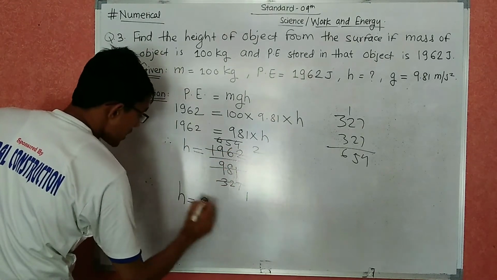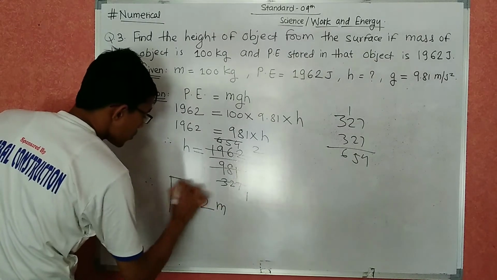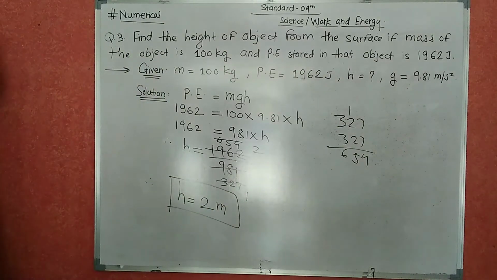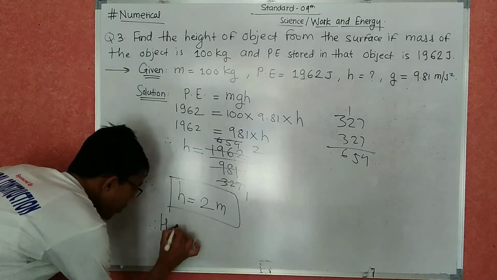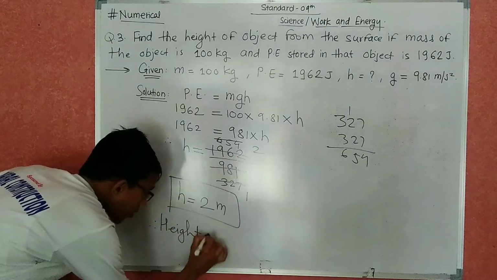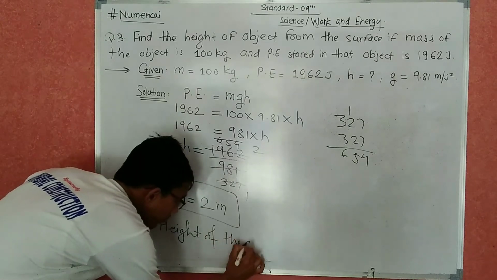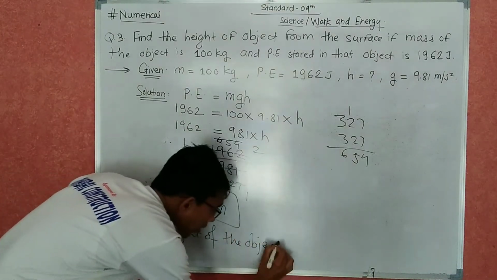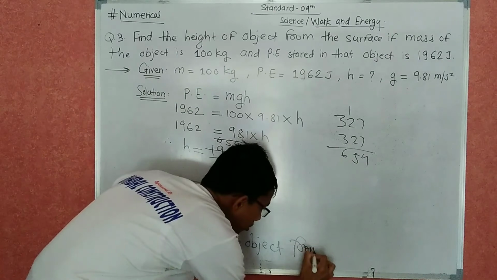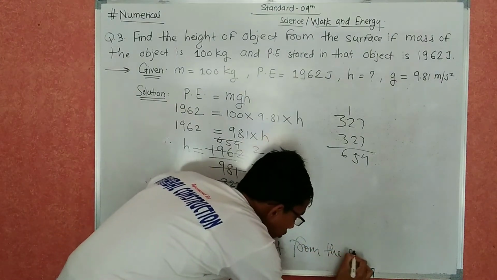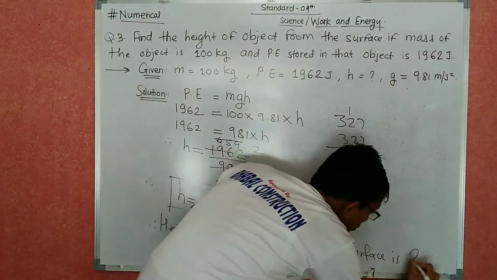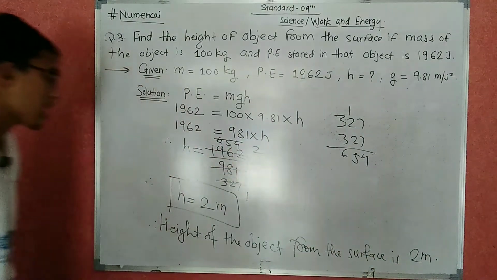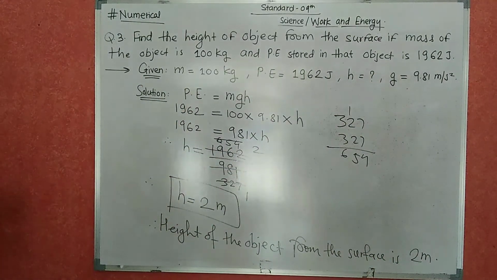So we get h is equals to 2 meter. Therefore height of the object from the surface is 2 meter. What is the height? It is 2 meter.